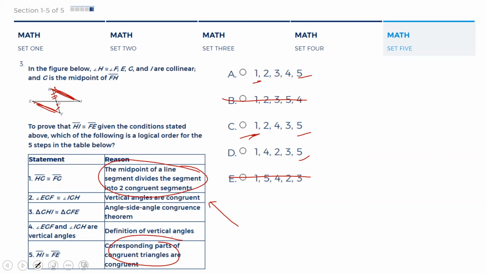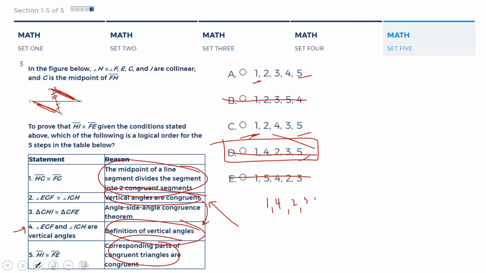D might potentially not be out yet, because of the definition of vertical angles. Yeah, so it has to be D, because if you go with vertical angles are congruent, we first of all need to define what the vertical angles are. So it's 1, 4, and then the rest 2, 3, 5. So it's D.